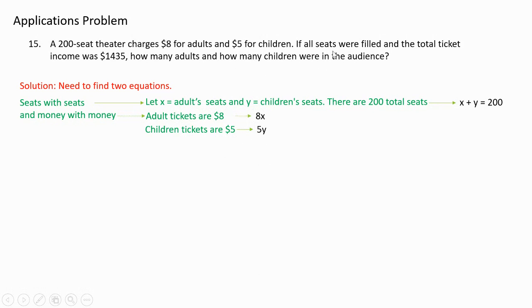And what was the total money? What was the total revenue? It was $1,435. So my total income is $1,435. So there's my second equation. 8X plus 5Y equals 1,435. So those are my two equations.